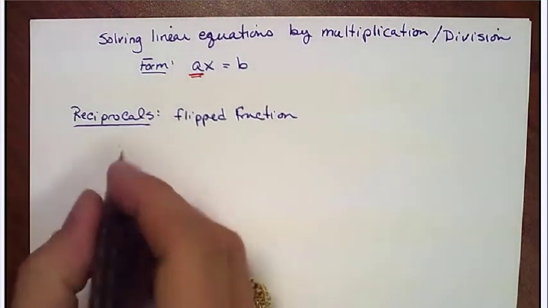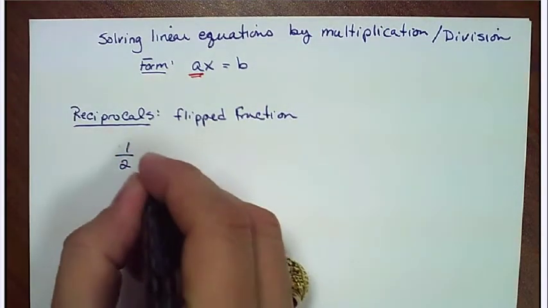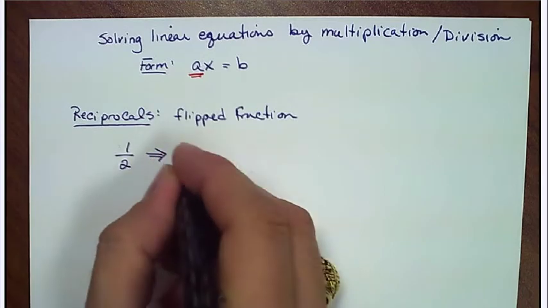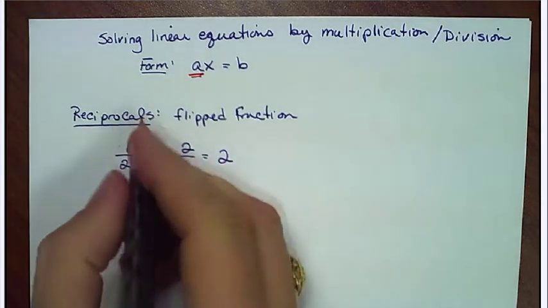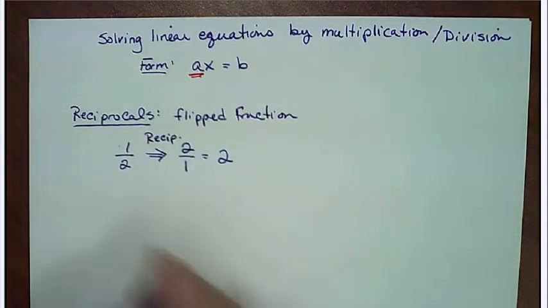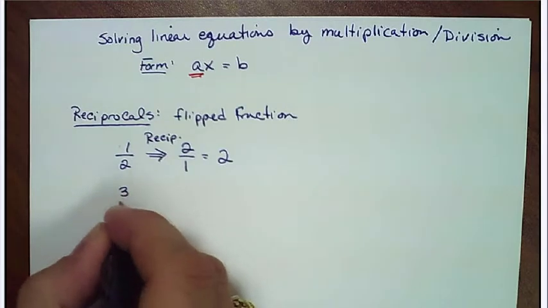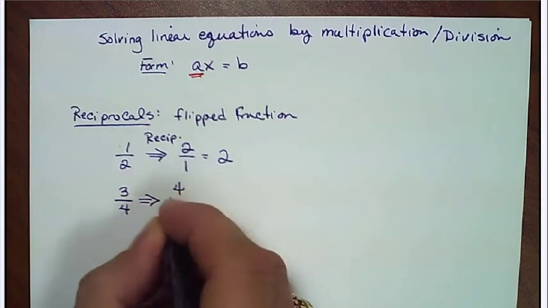So, for example, if I had 1/2, my reciprocal is going to be 2 over 1, which is of course equal to just 2, right? So this is my reciprocal. Same thing if I had 3/4, my reciprocal is going to be 4/3.